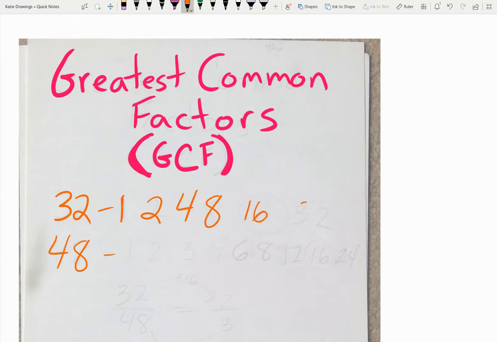You're finding the multiples of 32. And 32, of course, can go into 32.